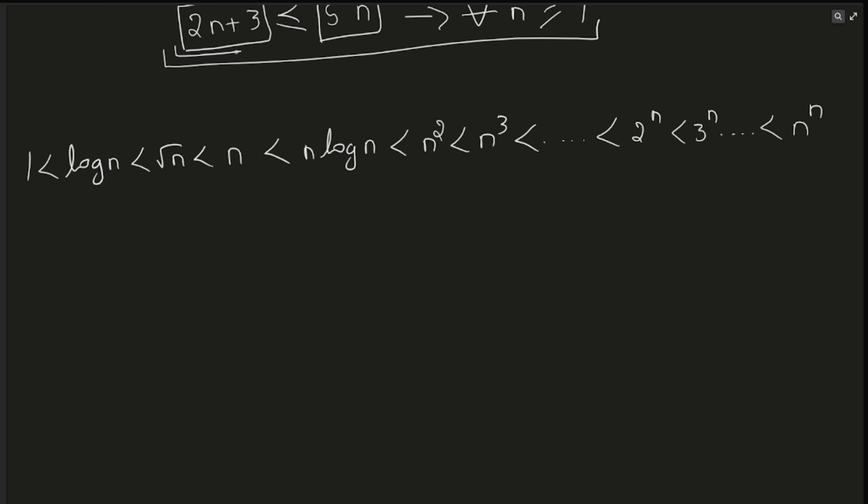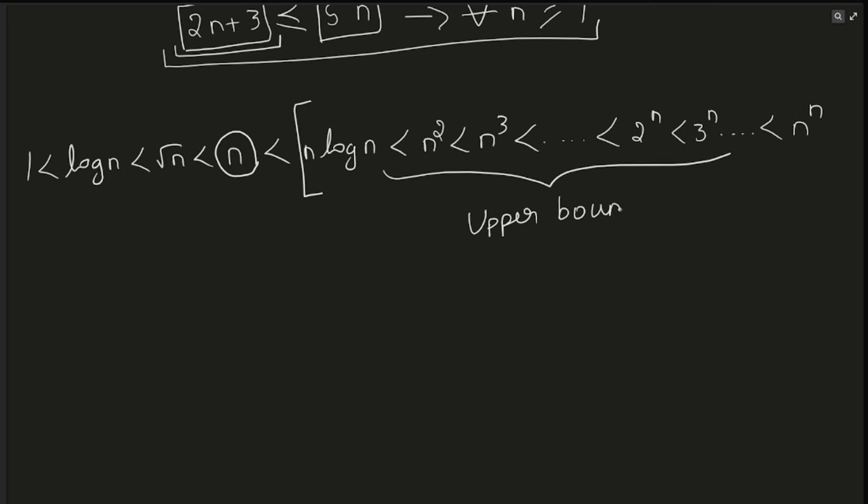We know the function 2n plus 3 belongs to the time function n, so the inputs above n are considered as upper bound, including the time function n, and the inputs below n are considered as lower bound, and n itself is considered as average bound.